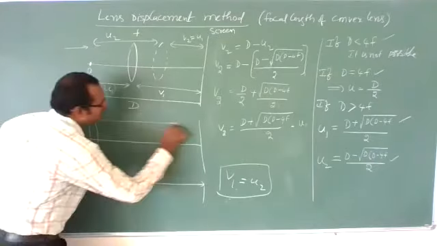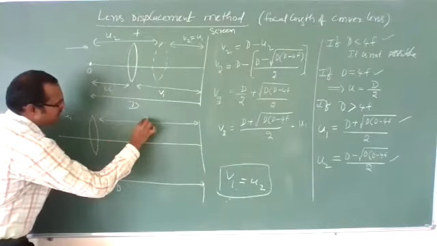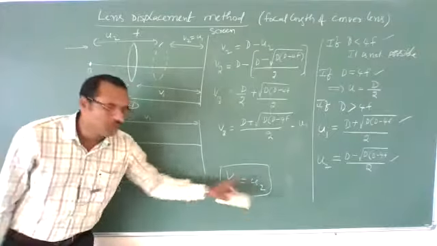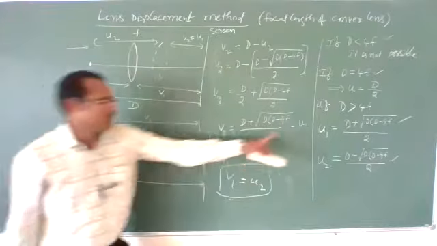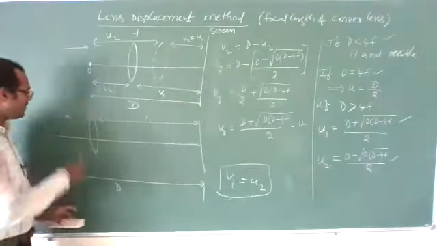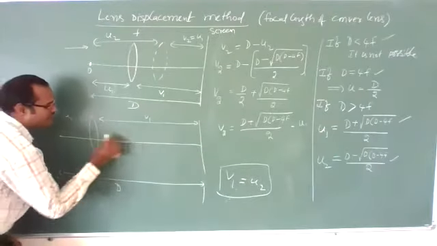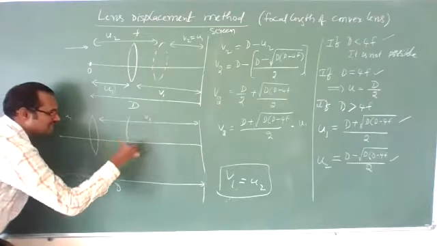Then you will get the image somewhere else at a distance of v1. What is that v1? You know. This is u1. Now what I am doing? I am not changing the object and I am not changing the image. Just this lens only I am moving, somewhere else, like this.